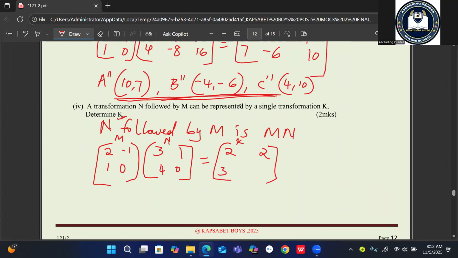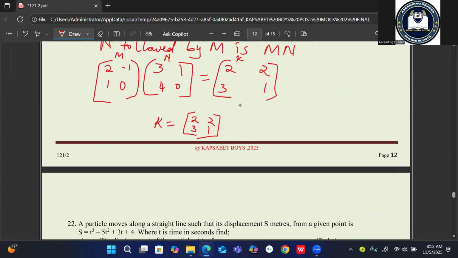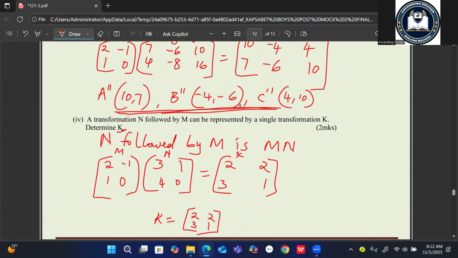The next one is 1 times 1, that is 1 plus 0 times 0 is 1. So therefore K should be equal to 2 2 3 1. That is our answer. By doing that, to get your full 10 marks, very simple.